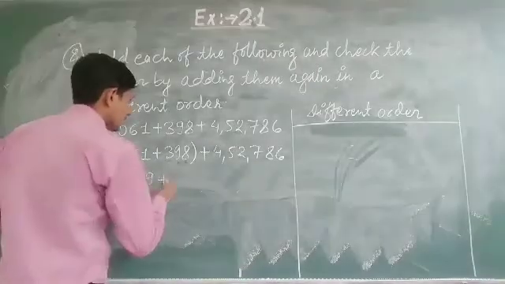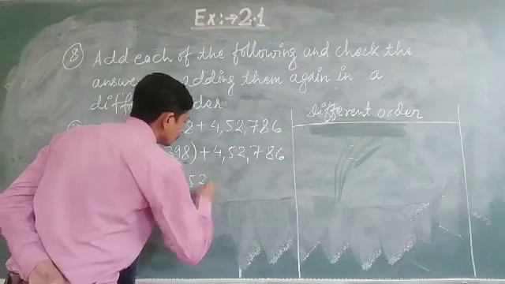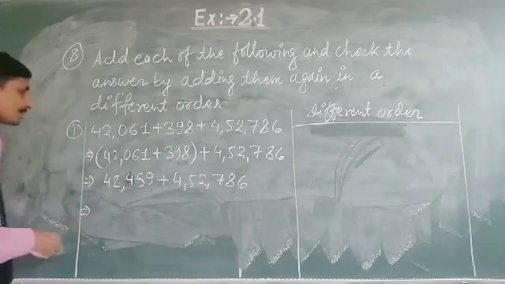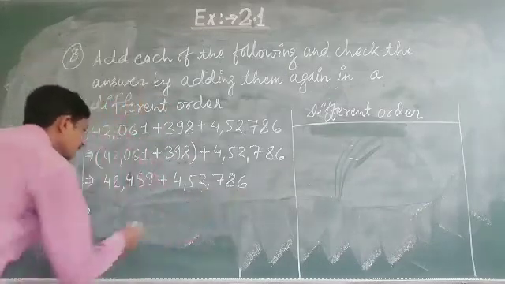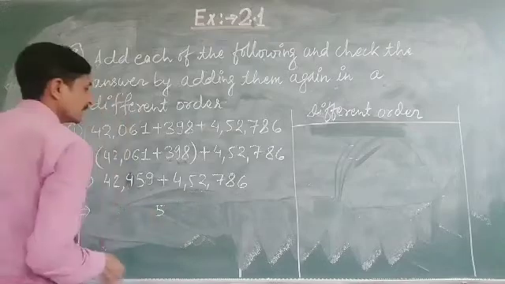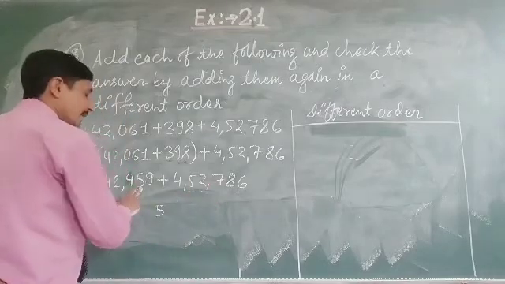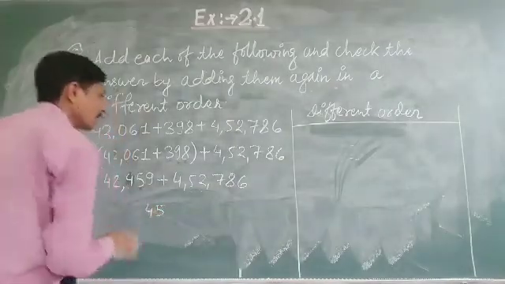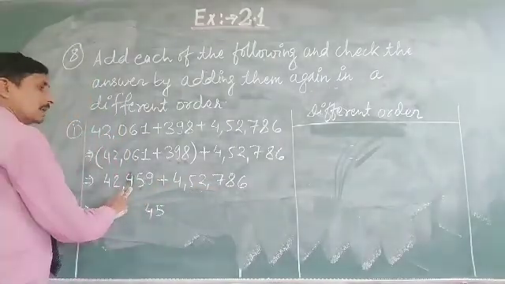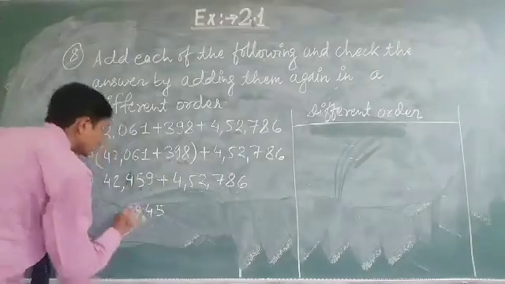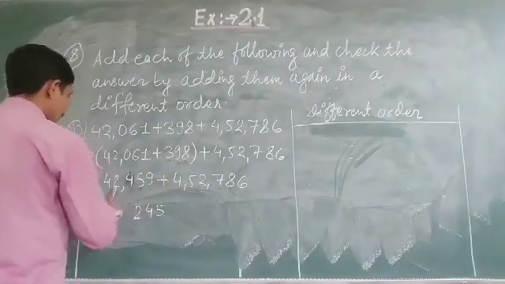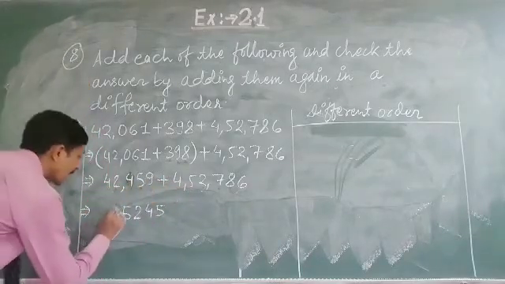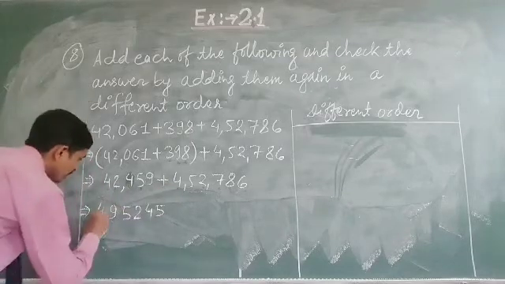42,459 plus 4,52,786. So now 9 plus 6, 15, 1 is carried. 8 plus 5, 13 plus 1, 14, 1 is carried. 7 plus 4, 11, plus 1, 12, 1 is carried. 2 plus 2, 4 plus 1, 5, and 5 plus 4, 9, and 4.